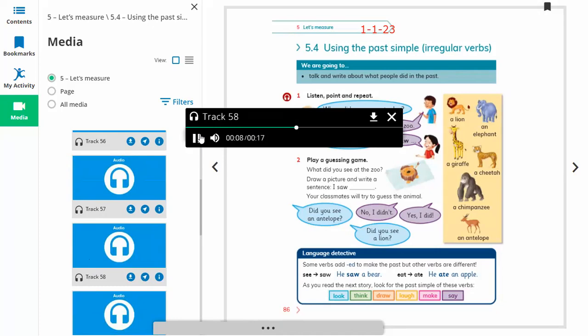What did you see? I saw a lion, an elephant, and a giraffe.